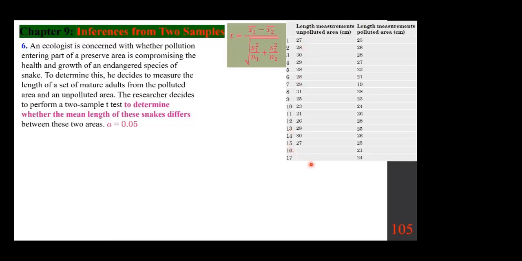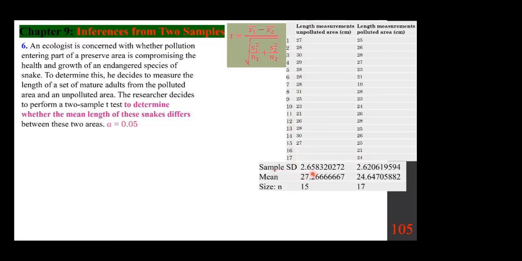So we have the sample size for the first group is 15, for the second group is 17. Now we need to calculate the standard deviation, the mean, and as I said, the sample size clearly is 15 here, it's 17 here. So you run the data, and it results in the following. Again, this is not done by hand, this is by technology.